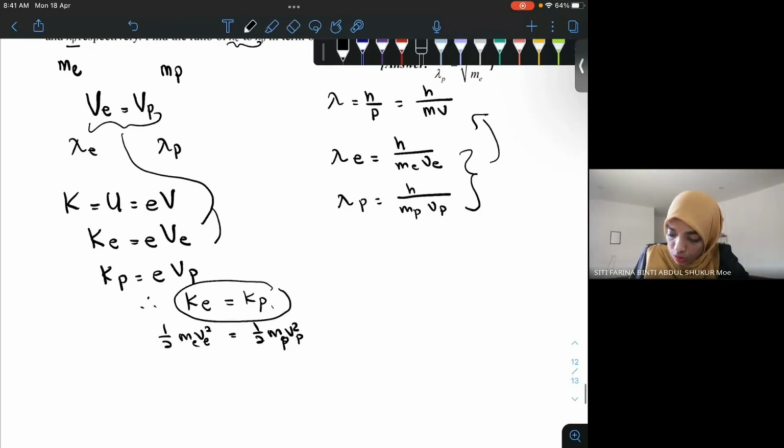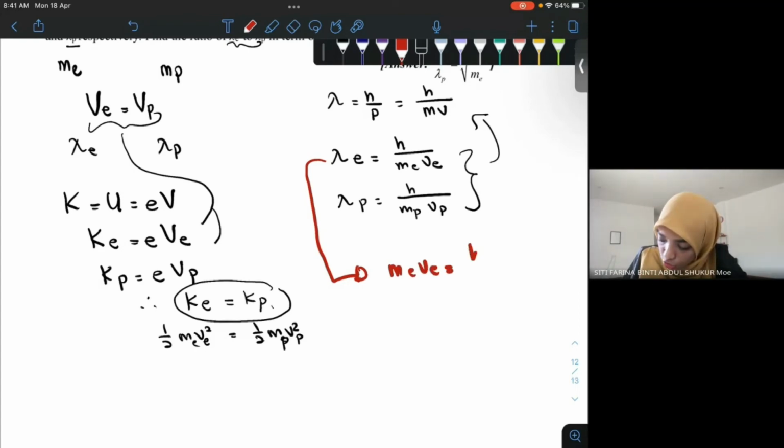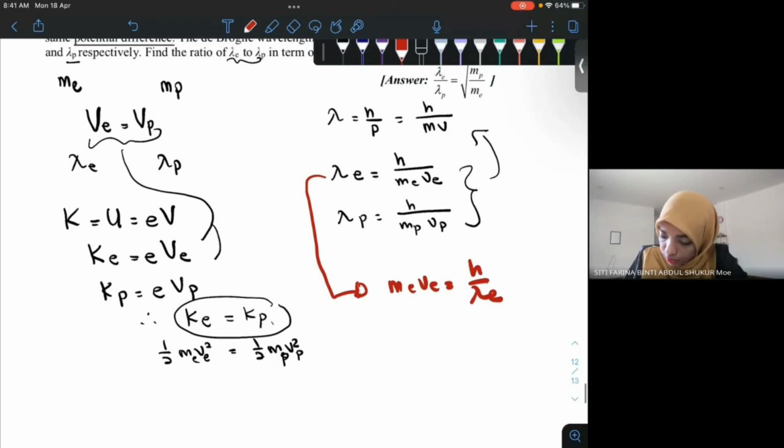So, if you can see, if I were to rearrange this equation, tengok yang color merah ni pula. MeVe akan sama dengan h over lambda e. Okay. And then kita ada MpVp sama dengan h over lambda p.